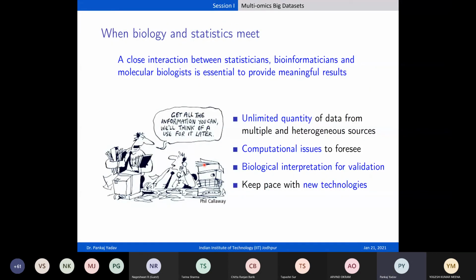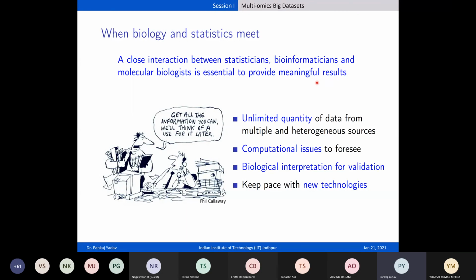Now, again coming to this multi-omics field, where we have been talking about how to make sense of this kind of data. As I was saying, we need to have close interaction between statisticians, bioinformaticians, computer scientists, and molecular biologists to provide meaningful results.